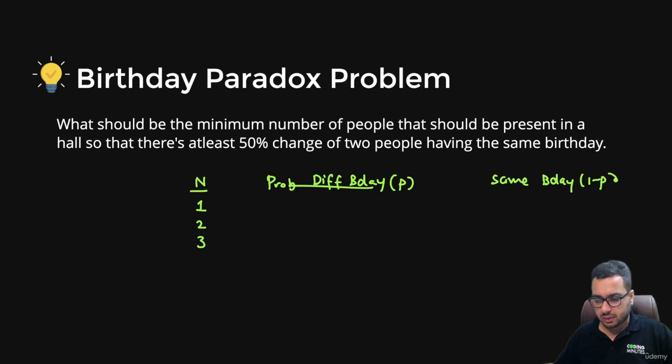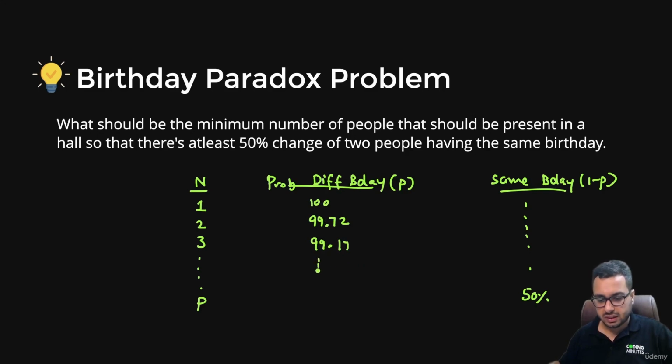We want to compute when this probability is 50%. So we will start from a certain value, let's say this is 100%, this is 99.72, this is 99.17.